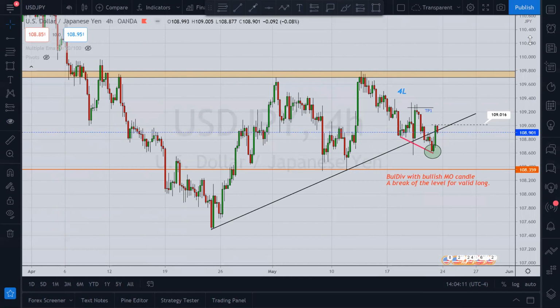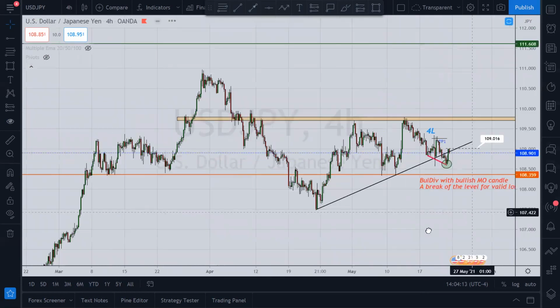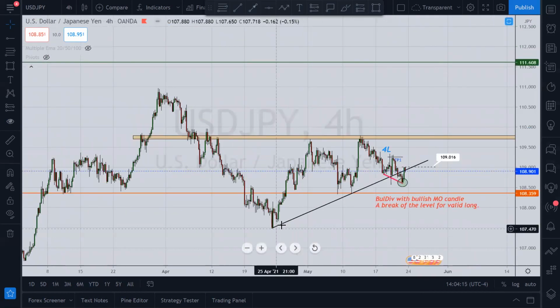And I believe that price will be going up. I have a little magic trend line here that it broke below, but you see it did hit a significant double bottom in an uptrend, right? This uptrend has been intact since the 23rd of April.